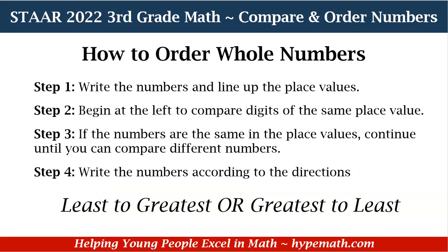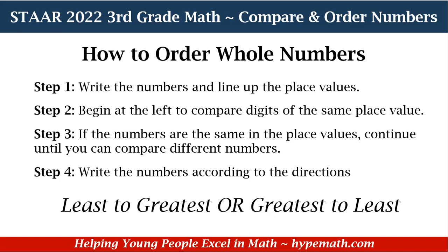Now, we're going to dive into how we order whole numbers. Just now we talked about comparing whole numbers. Now we want to talk about how to order the whole numbers, okay? And it's just 1 or 2 extra steps from what we were just doing. Step 1, write the numbers and line up the place values. Well, we did that in comparing whole numbers. Then step 2, begin at the left to compare the digits of the same place value.